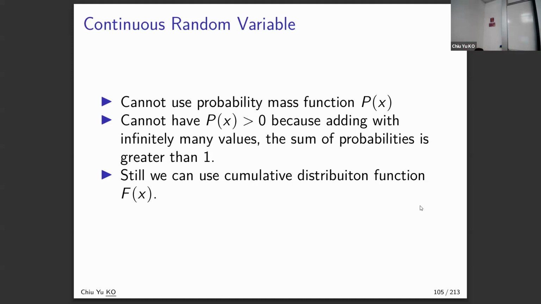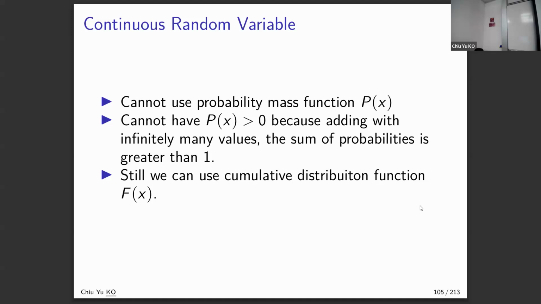Suppose you try to model a stock price, say the Hang Seng Index, which is now around 20,000 to 30,000. If you try to model any distribution, any number is possible, it's continuous. So if you put any positive number in terms of probability, and you add up an infinite number of them, it will be more than 1.